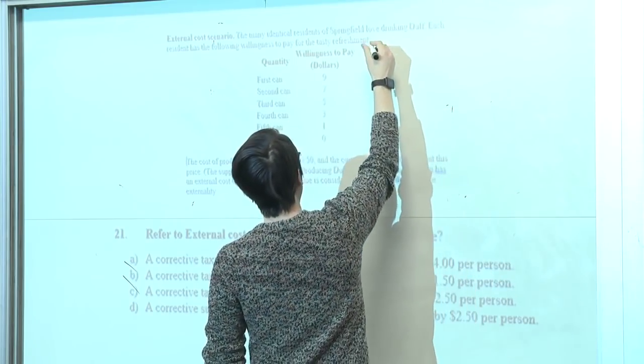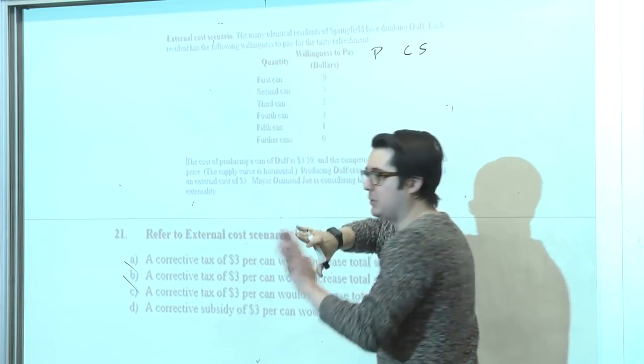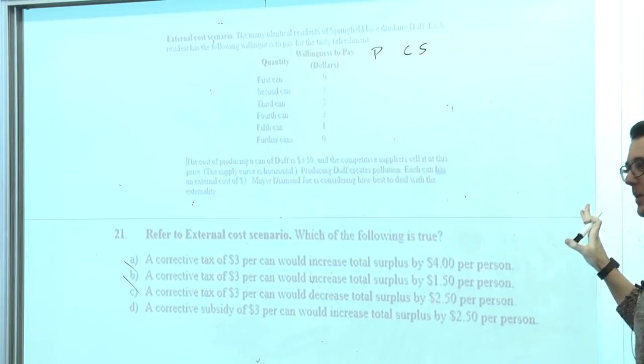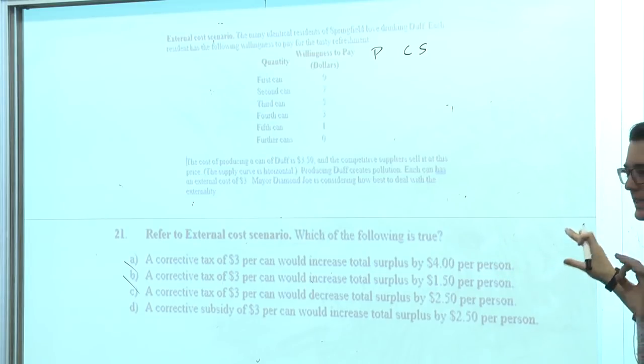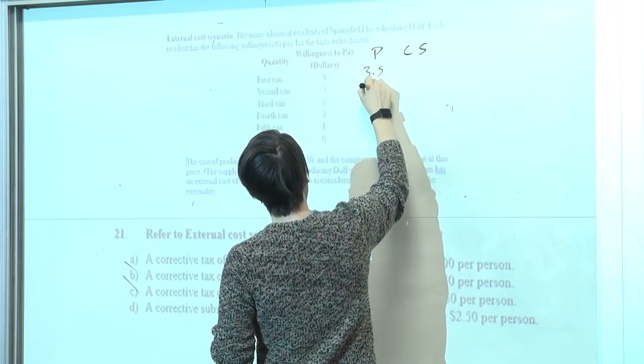All right, so the first thing I'm going to do is pretend we don't have an external cost. So I'm just going to find our equilibrium if we did not have this externality. All right, so we know the price is 3.5.